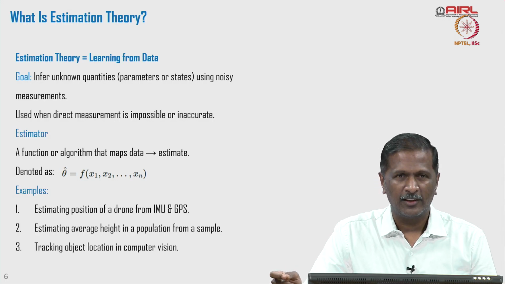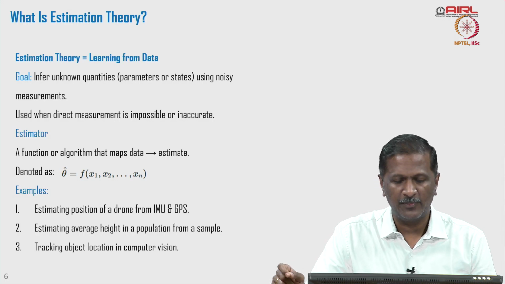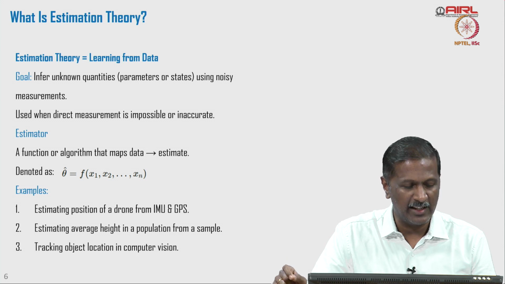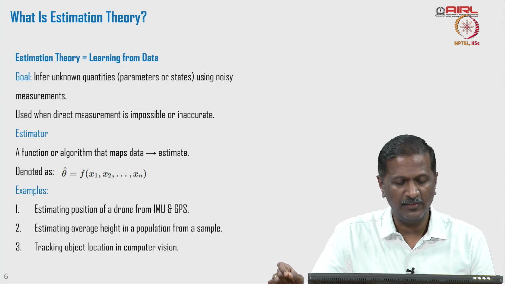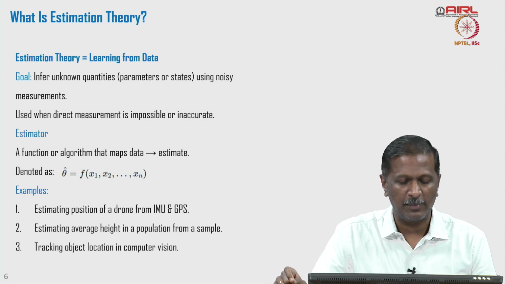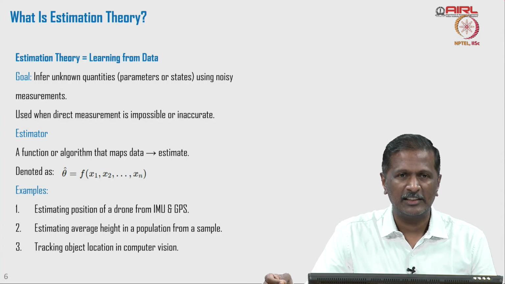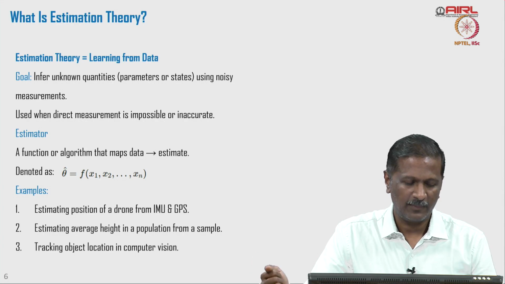The user provides direct measurements, and these measurements are sometimes imperfect and inaccurate. So we need an estimator, which is a function or an algorithm that maps the data to the estimate. For example, I want to estimate a parameter theta, and I have measurements x1, x2, x3, up to xn. The theta is a function of x1, x2, x3, up to xn.